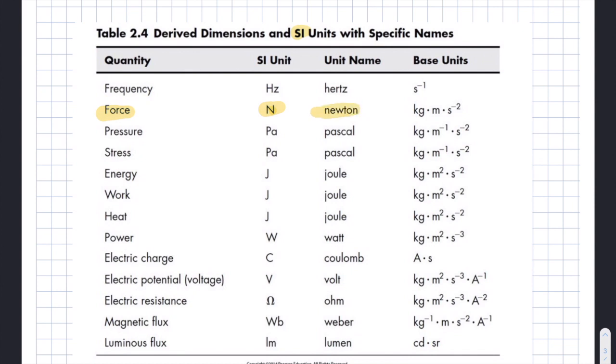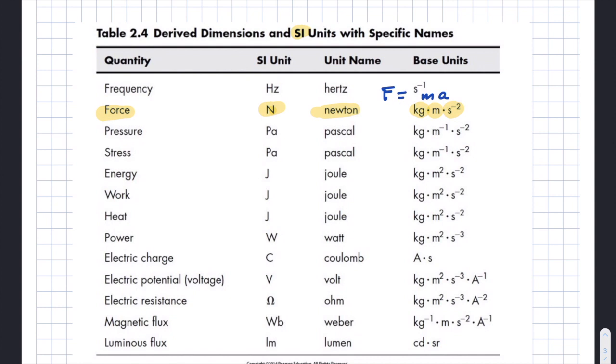That's the standard unit name. But newtons are defined as kilogram times meter divided by second squared. Okay, so you might recognize that. Kilogram is a mass. Meters per second squared is an acceleration. And you've probably heard or seen the formula F equals ma.